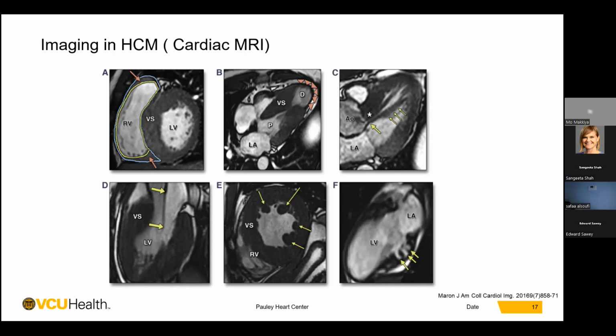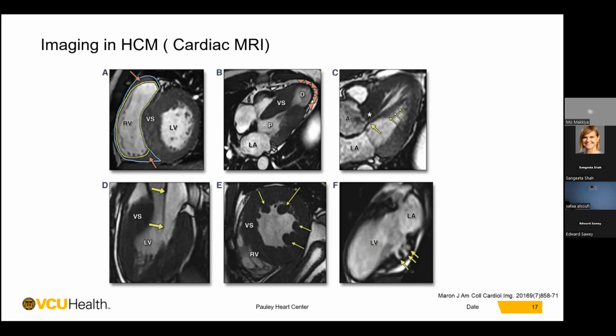The first picture, there is a mid-septal hypertrophy that extends into the RV, while in B, we have the apical or mid HCM, or what used to be called apical HCM, with the apical aneurysm, which is very important to identify, as this can be associated with high risk of monomorphic VT and sudden cardiac death.